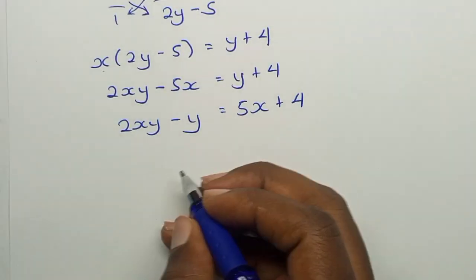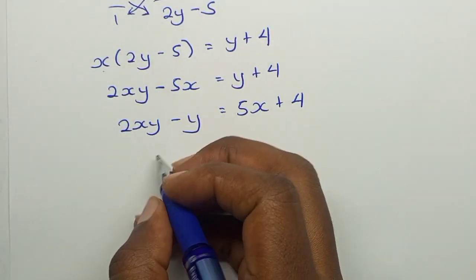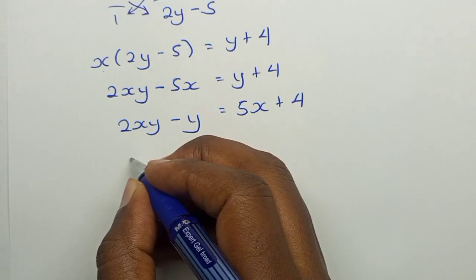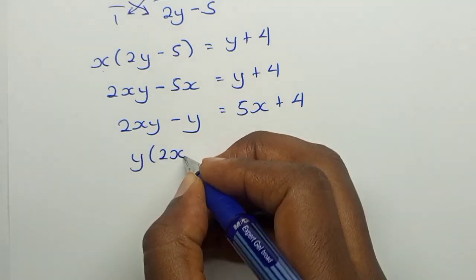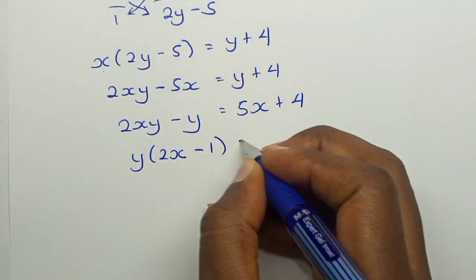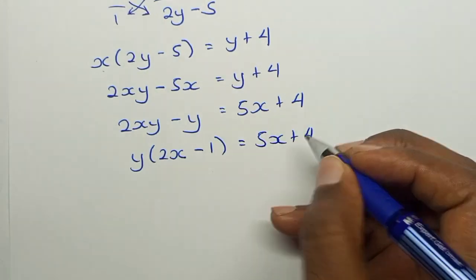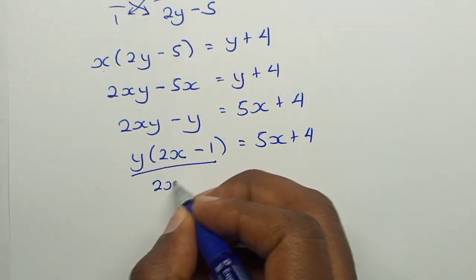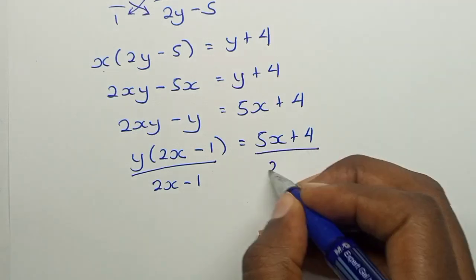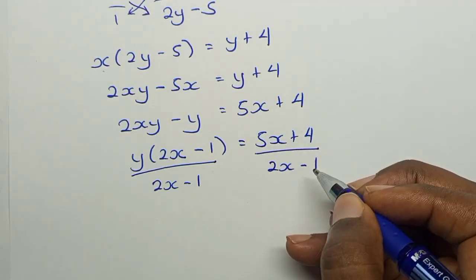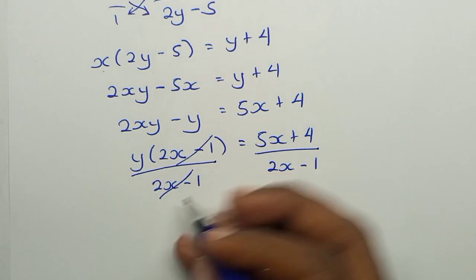And therefore, here we make y the subject, so we shall have y times 2x minus 1 equals 5x plus 4. Divide both sides by 2x minus 1. This cancels out with this.